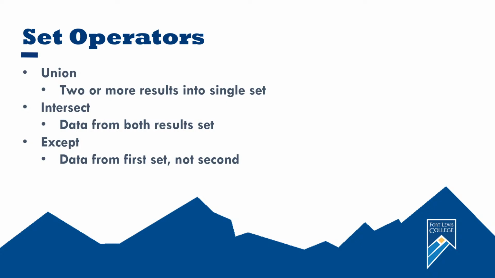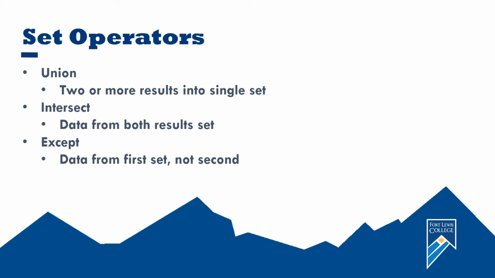Then next we have intersect. Intersect is going to take data from both of the result sets, and unless we use intersect all, it's also going to remove stuff that repeats. So you're going to have everything once, but not everything multiple times.